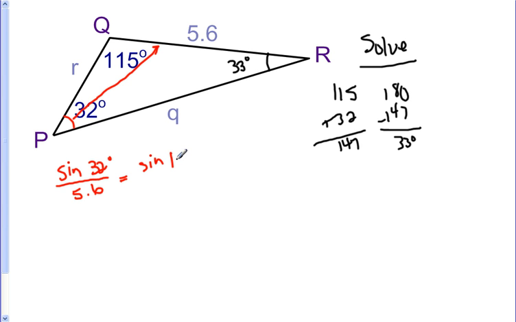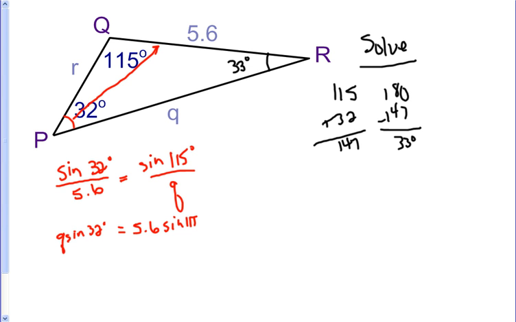So we'll do sine of 115 over q. It's just a simple ratio problem. We're going to cross multiply and solve for q. So we have q times sine of 32 equals 5.6 times sine of 115.